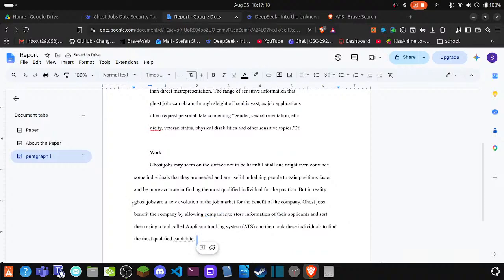So, ghost jobs benefit the company by allowing it to store information about applicants and sort them in a tool called ATS, and then rank these individuals to find the most qualified. That on paper sounds fine.